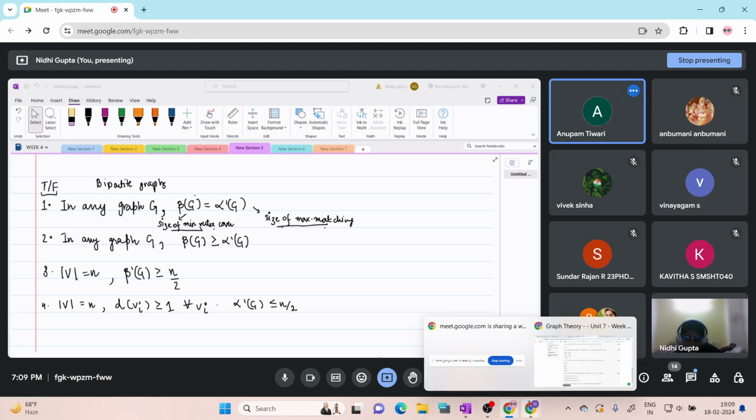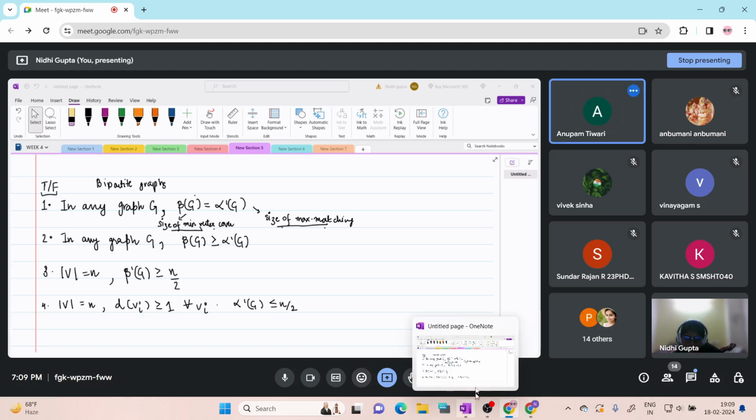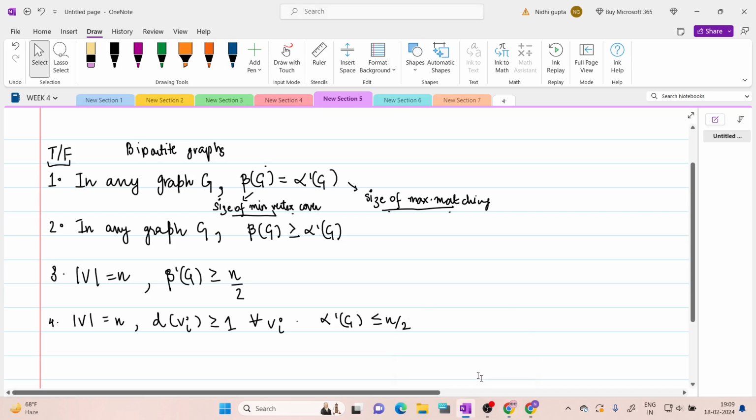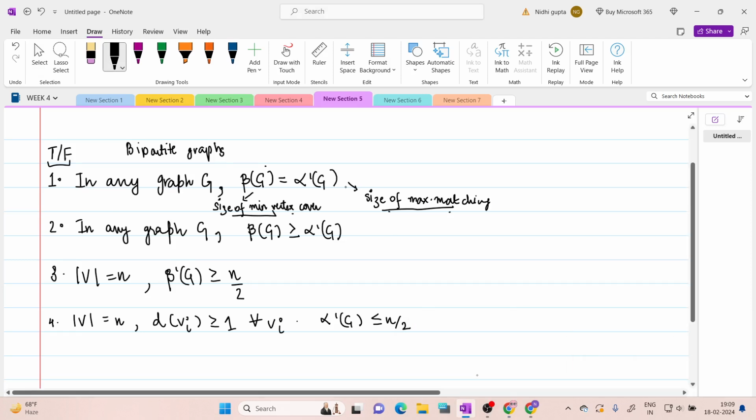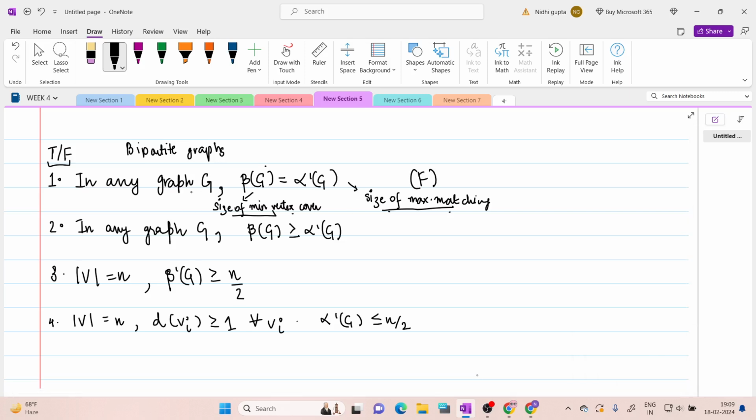So we say it is a false statement then, because we have to give a counterexample for every type of graph? No. If you give me just one counterexample, then we'll say it is false, right? The statement is saying this is true for all graphs.